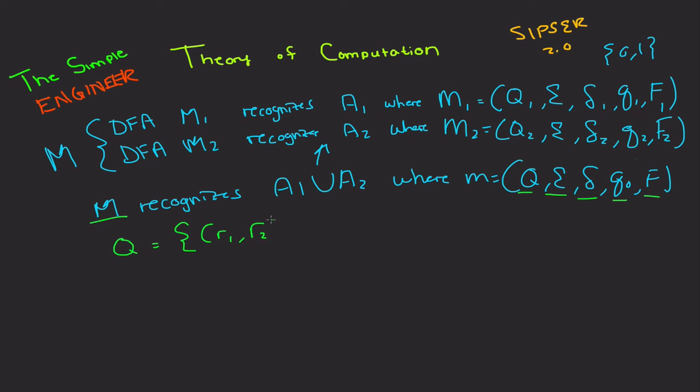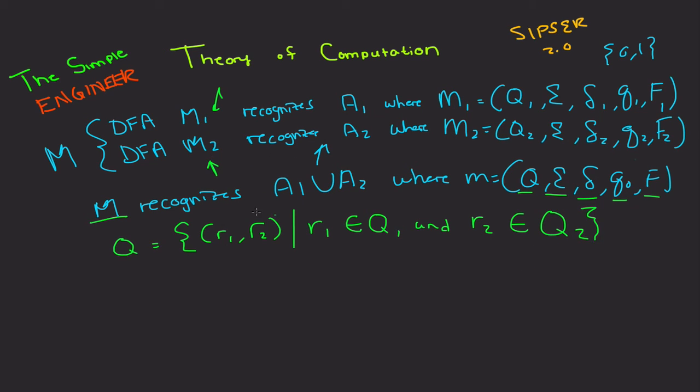Which is what we're tracking simultaneously, where R1 exists in the set of states for this M1 DFA, and R2 exists in the set of states for this M2 DFA, right?